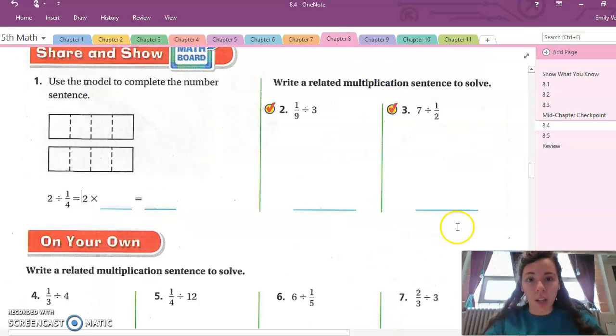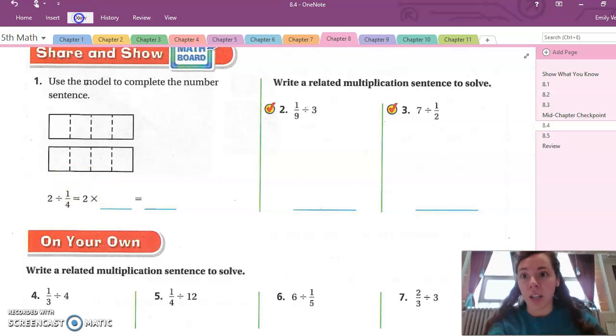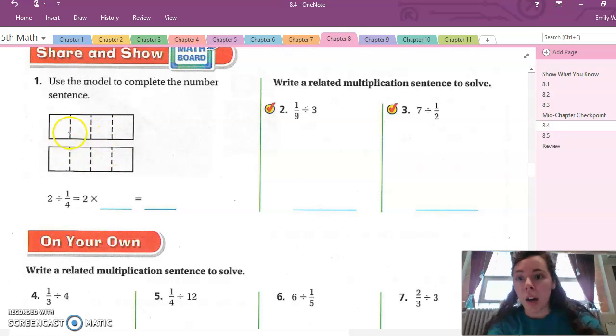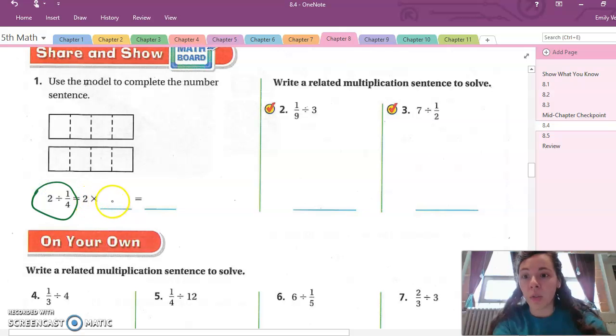Okay, this is the page that you're going to be starting with. Over here is where we're going to be starting today. All right. So they give you a little model. We don't necessarily have to use this, but you can if it makes it easier for you. But this is just what we were doing. They give you a division sentence, and they want you to write the multiplication and then solve it.